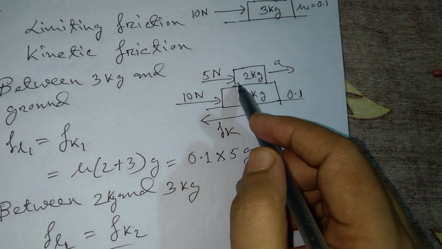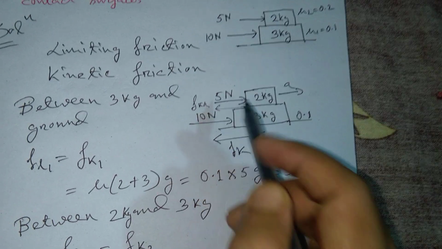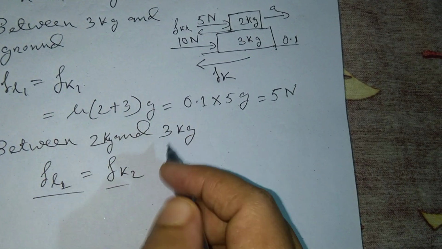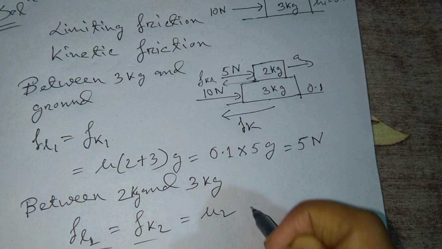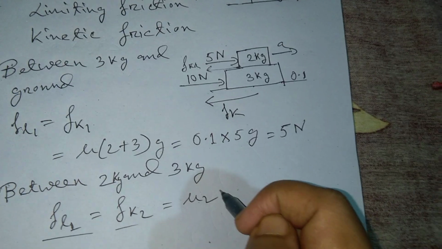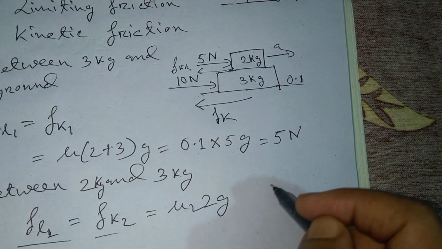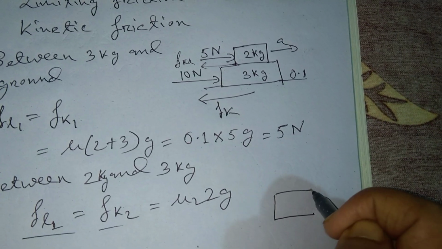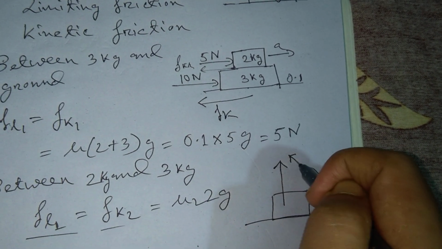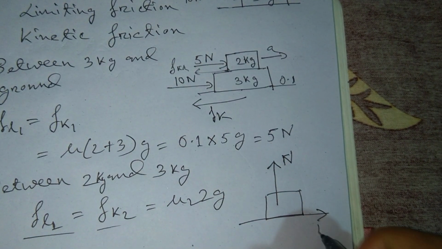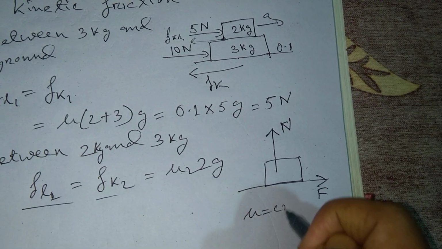Limiting friction equals kinetic friction, so in both cases we get mu2 into 2 into g. Here is the normal reaction N, and F is my frictional force, and mu is the coefficient of friction.